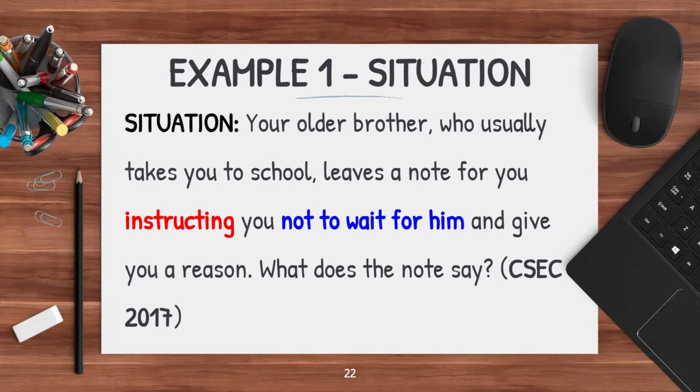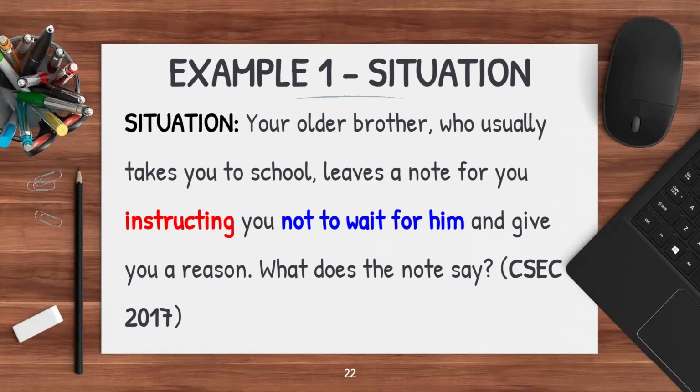So the context here is that the brother who usually takes you to school leaves you a note instructing you, here's that word, instructing you. Anything that is given as an instruction comes in a command form. So the instruction here, it says not to wait for him.